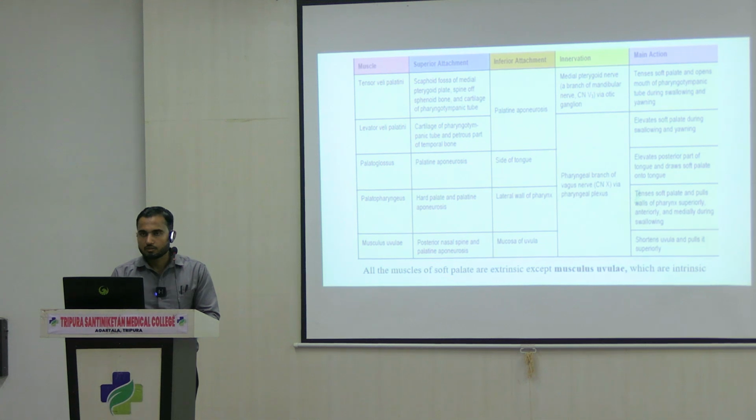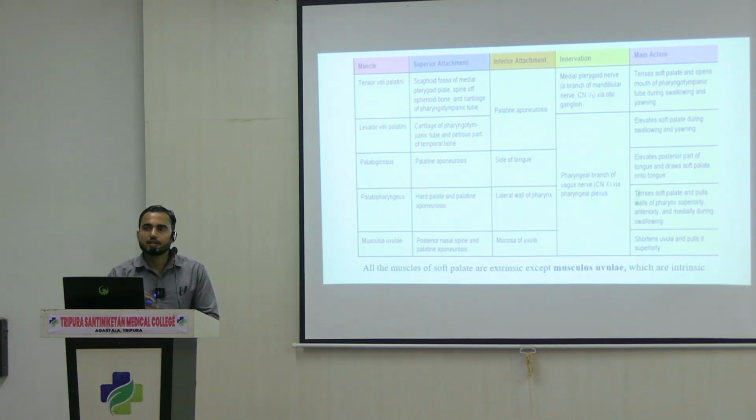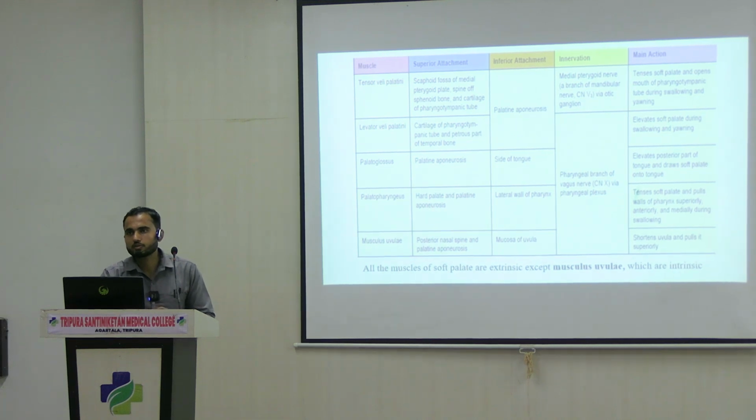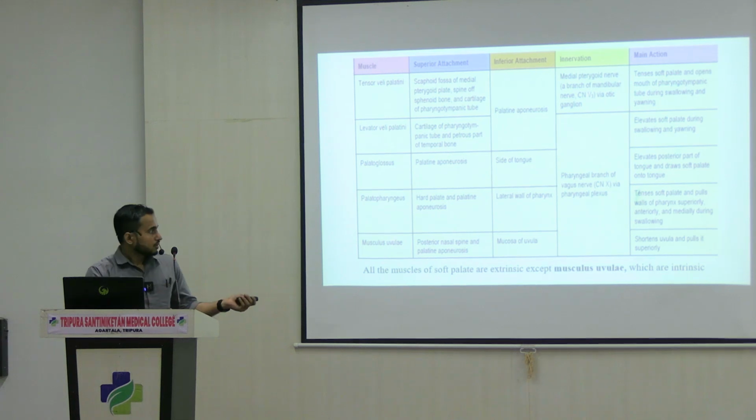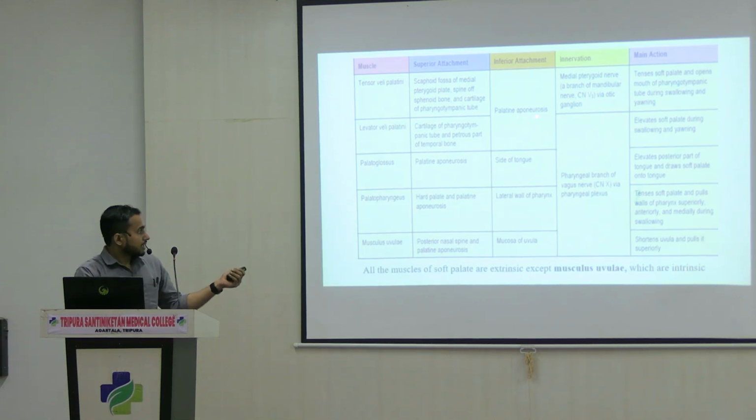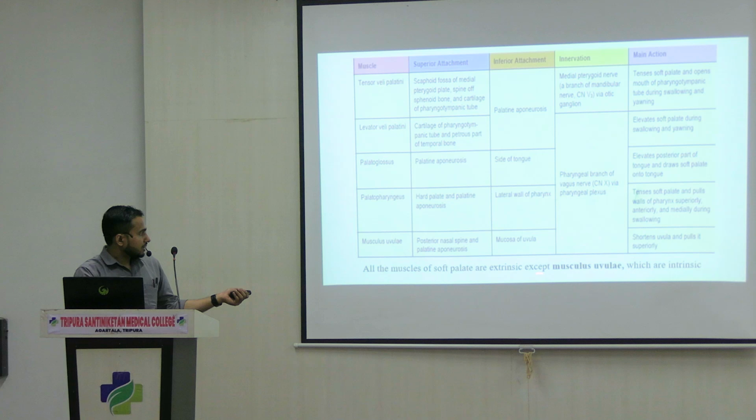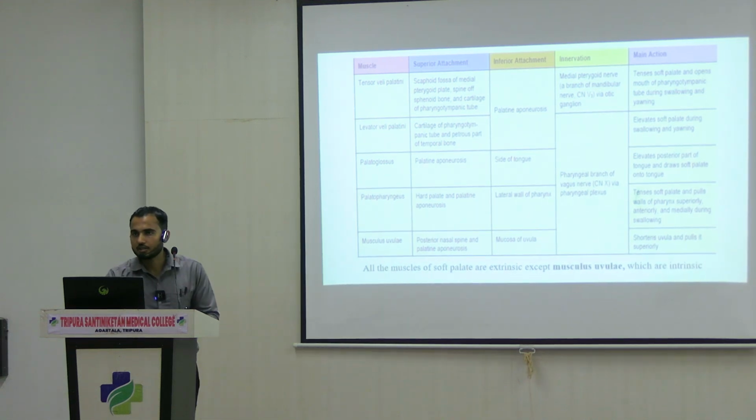The anterior fold is also called the palatoglossus fold, and the posterior fold is called the palatopharyngeus fold. Now here, as you can see, all the muscles are extrinsic except the musculus uvuli, which is intrinsic in nature.